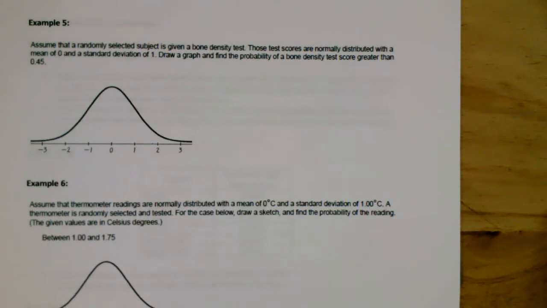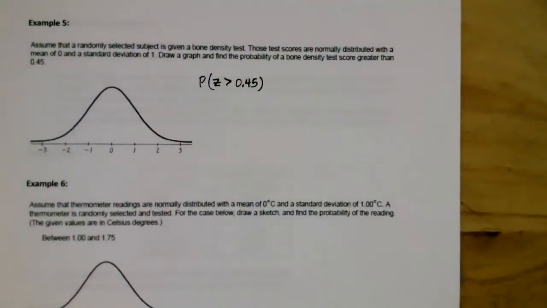Okay. All right, next example would be this. Assume that a randomly selected subject is given a bone density test. Those test scores are normally distributed with a mean of 0 and a standard deviation of 1. Draw a graph and find the probability of a bone density test score greater than 0.45. So now we're looking for the probability that the z value is going to be greater than 0.45.